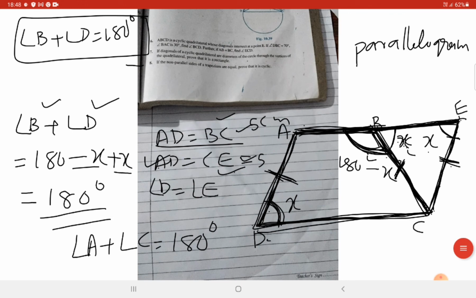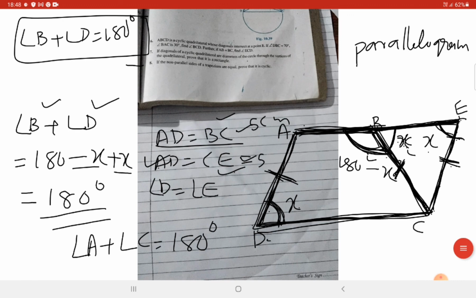If it is isosceles, then the base angles, or angles opposite to the equal sides, are equal. That means angle E and angle CBE are same. Let it be X. But we know angle D and angle E are equal.